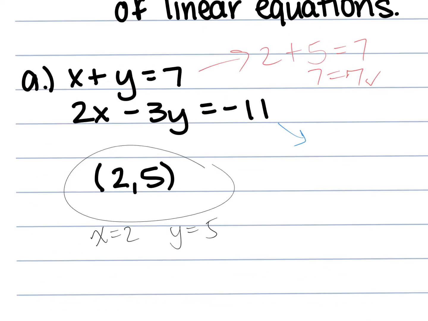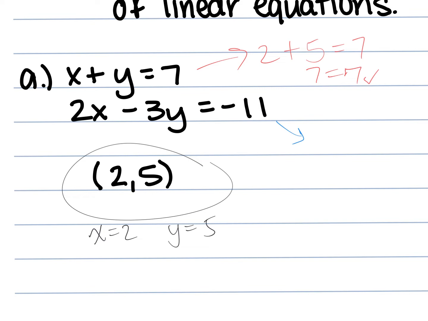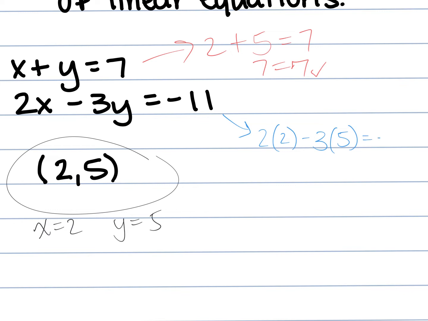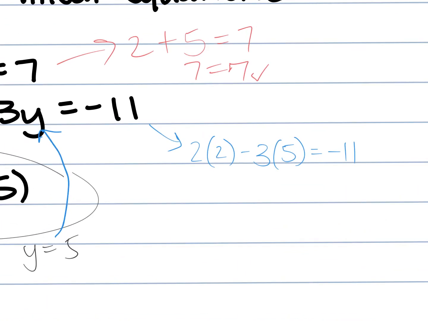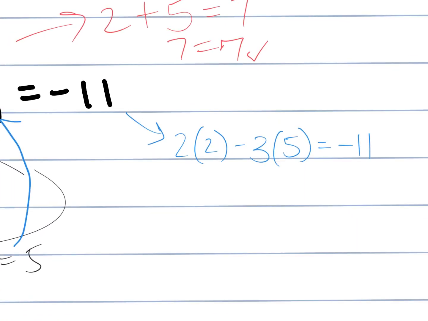We're still plugging in x is 2 and y is 5. This is going to be 2 times 2 minus 3 times 5 equals negative 11. Do you guys see I'm just substituting 2 for x and 5 for y? Is that clear? Okay. By order of operations, what do I need to do next?